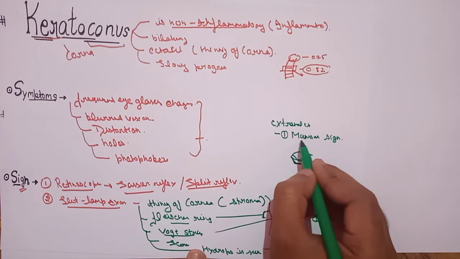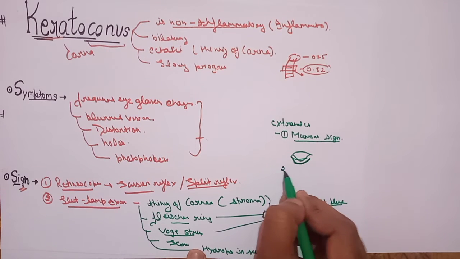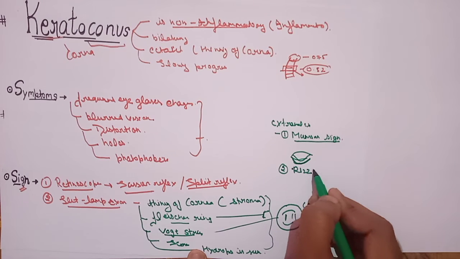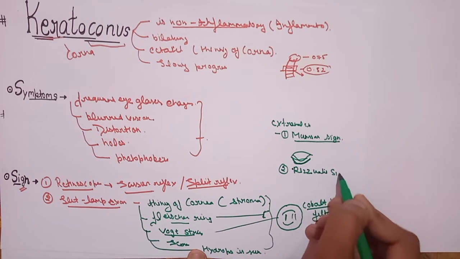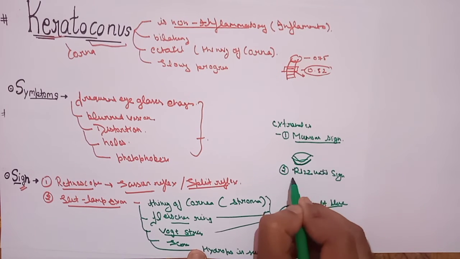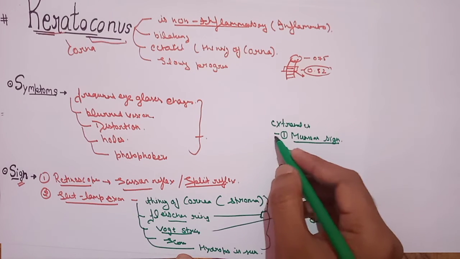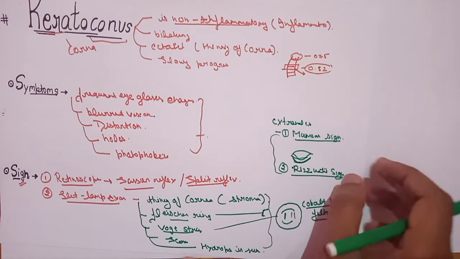This condition is known as Munson's sign. Second is Rizzuti's sign. These two are the external examination signs.